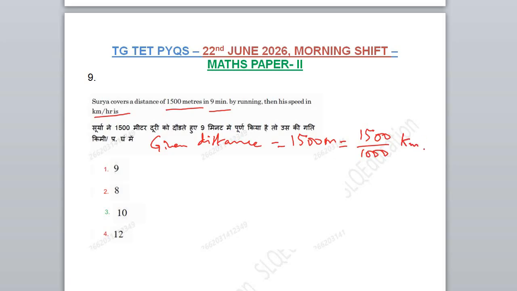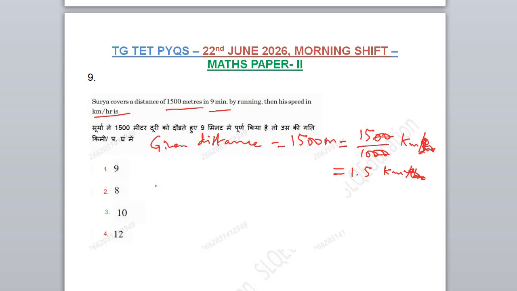There are two methods for this one. If you simplify this, we are getting only 1.5. The 2 zeros you can cancel. 15 by 10 means 1.5 kilometers. We are finding only distance now, not speed. Then next one is 9 minutes.